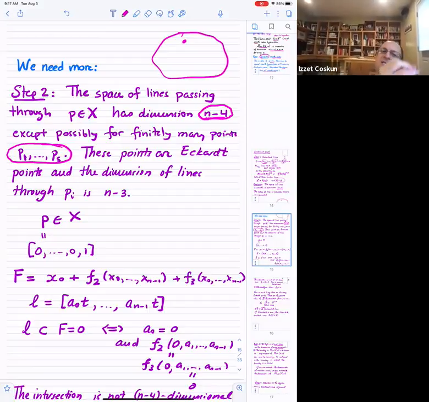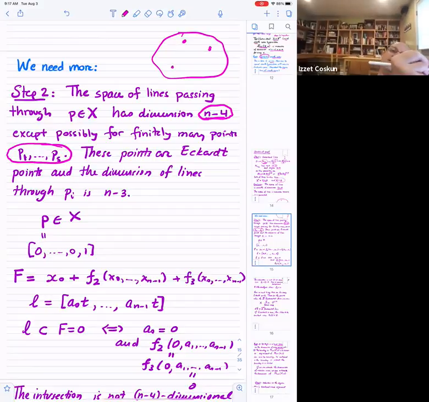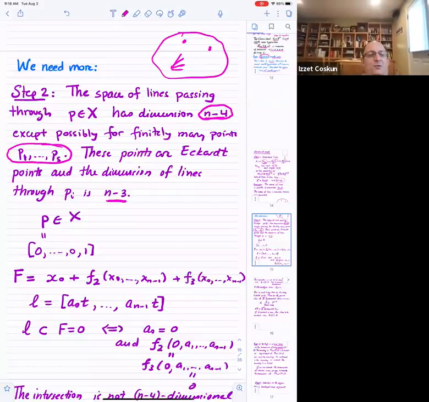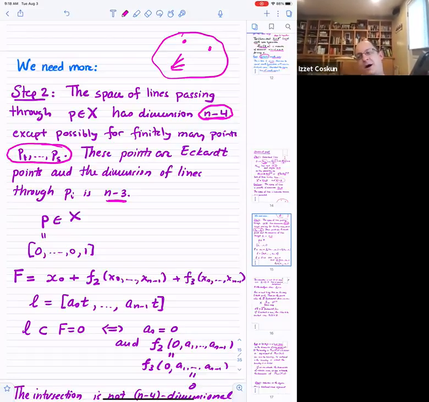On some special cubic hypersurfaces, there may be finitely many points through which, instead of an n-4 dimensional family, there ends up being an n-3 dimensional family. So for almost all points, the space of lines through the point is as expected, and through these finitely many points, it jumps by one.